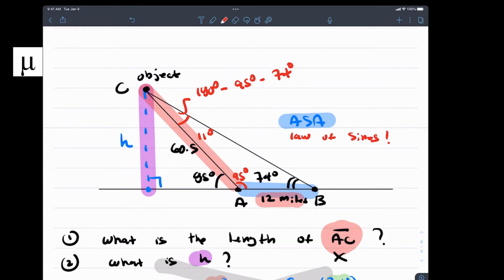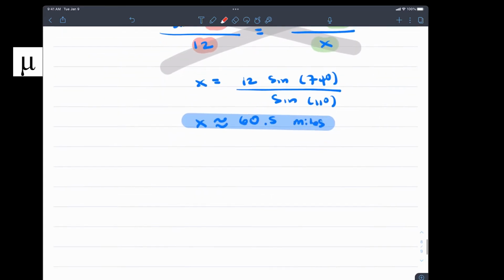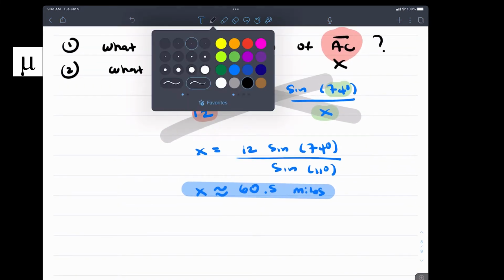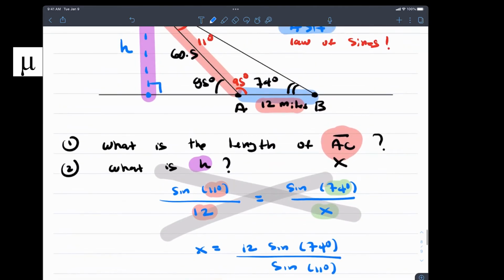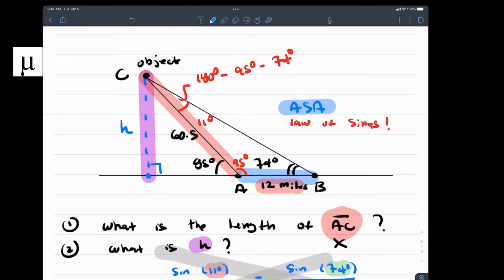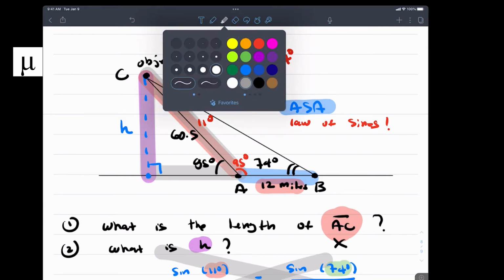Okay. Now, can we find H? How do you get H? What is H? You say, I have to now focus on this triangle here? What do you know you have?